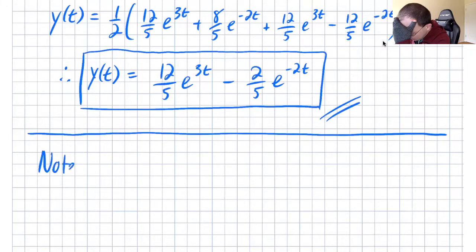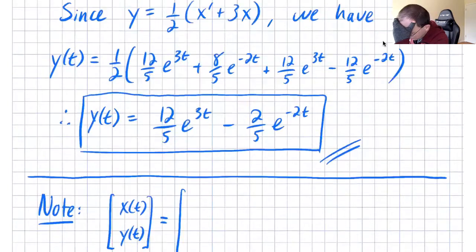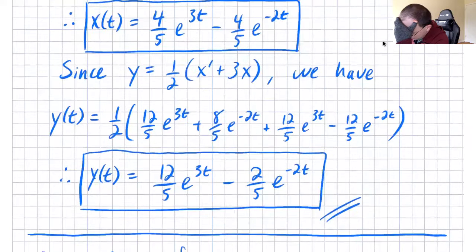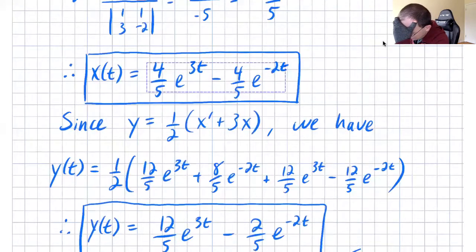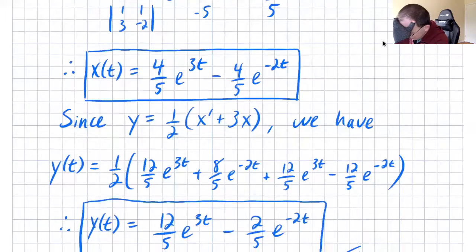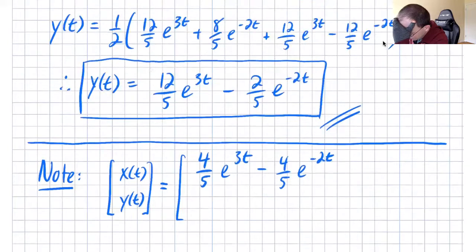If we put it in vector form, x of t, y of t, then we're going to get the following. Let me just write it out in full, and then we'll split it up.